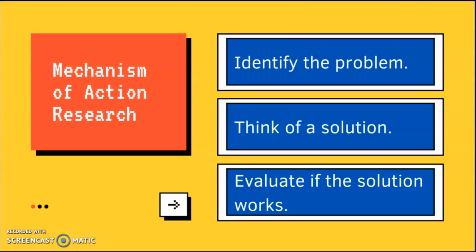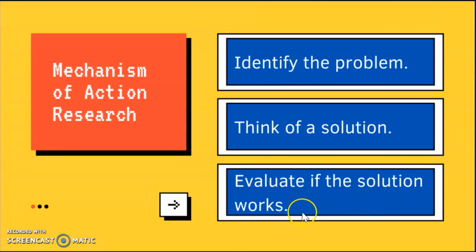Okay? Now, the mechanism of action research is as simple as 1, 2, 3. First, identify the problem. Second, think of an accurate solution, a tangible solution. What changes can you make? And lastly, evaluate if the solution works.